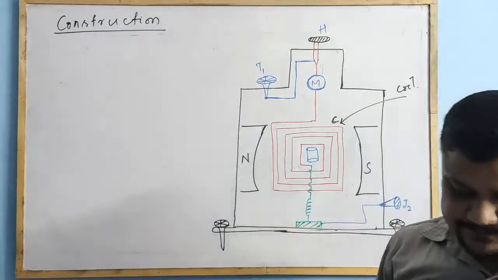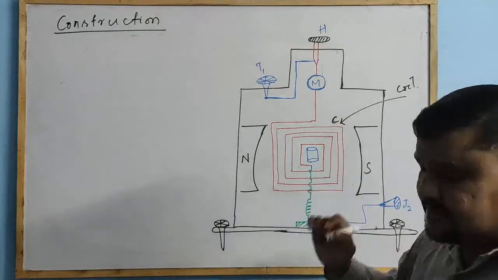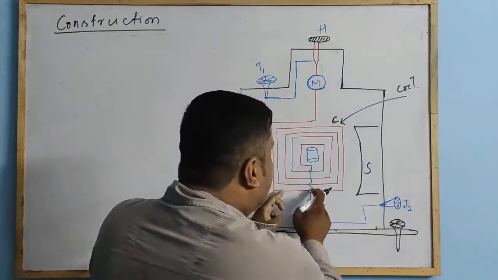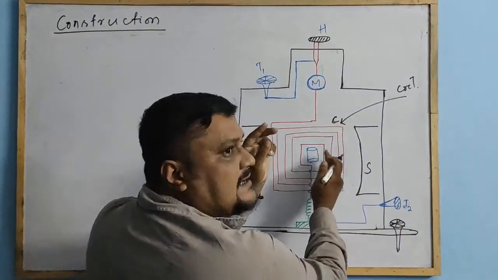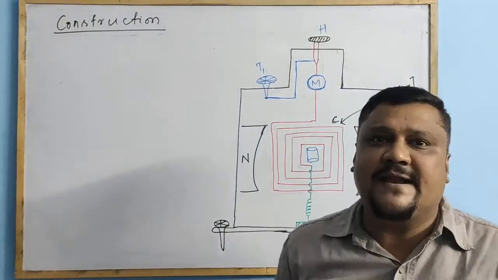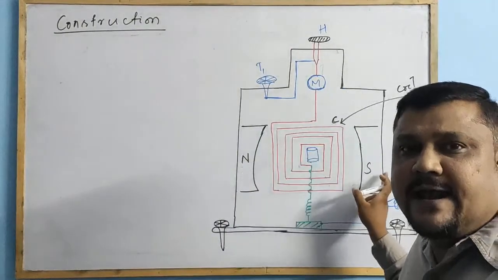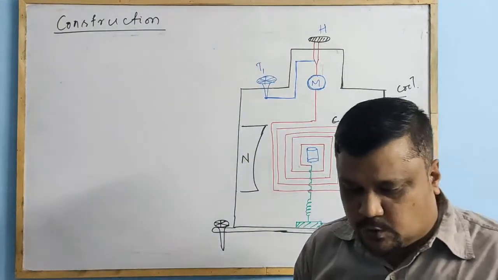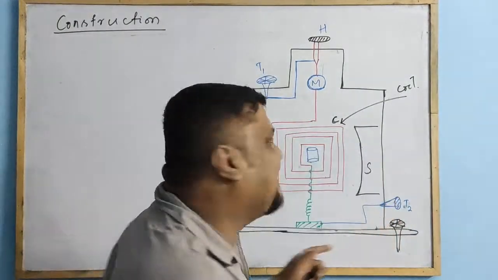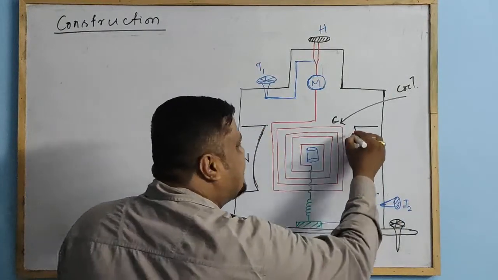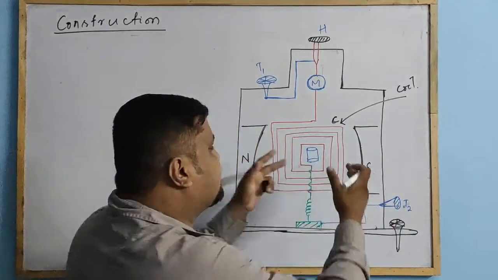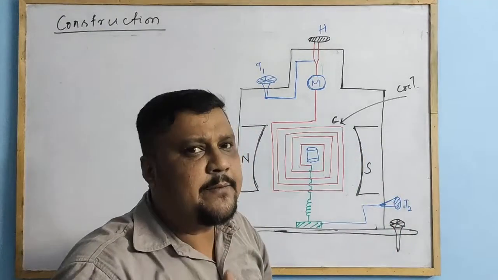Then this coil is suspended between two magnetic poles, North Pole and South Pole, which are cylindrical. These magnetic poles are not simple magnetic poles, these are cylindrical. That's why I have shown them like this. The coil is suspended between two cylindrical magnetic poles.